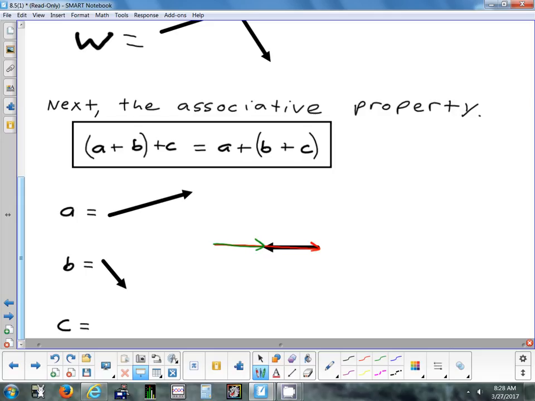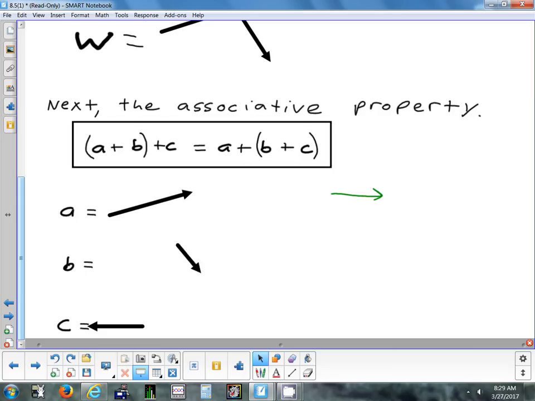Now I'm going to do it the other way. Keep in mind, I drew all these by hand, so they might not be perfect. Now I'm going to take B and add C to it. So there's B plus C. We'll start with that.